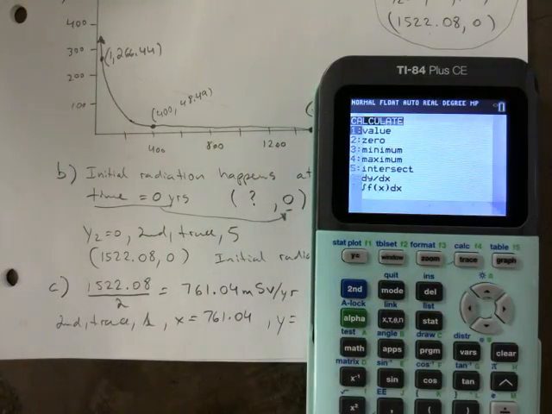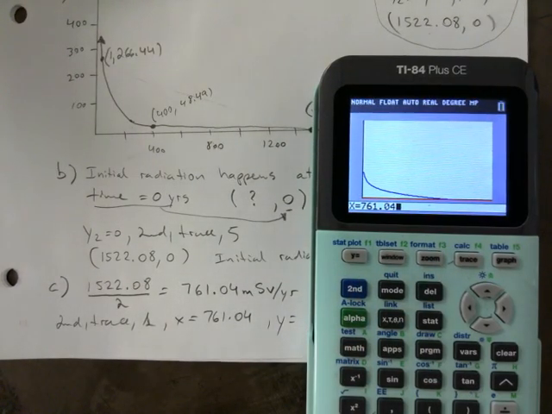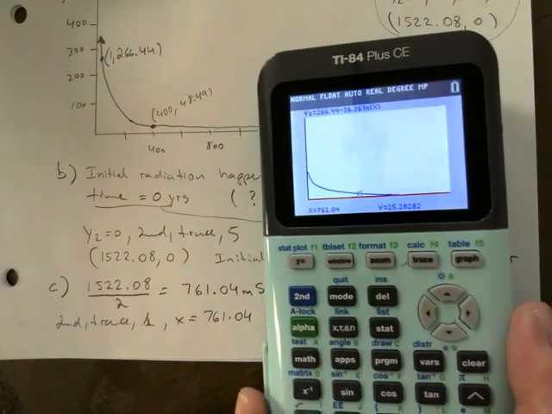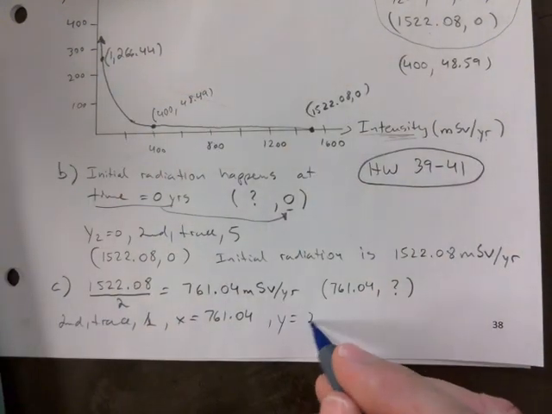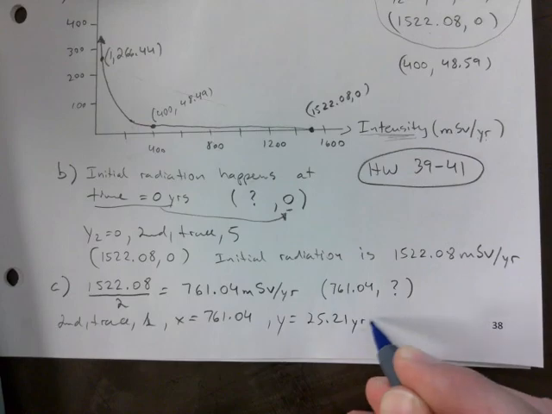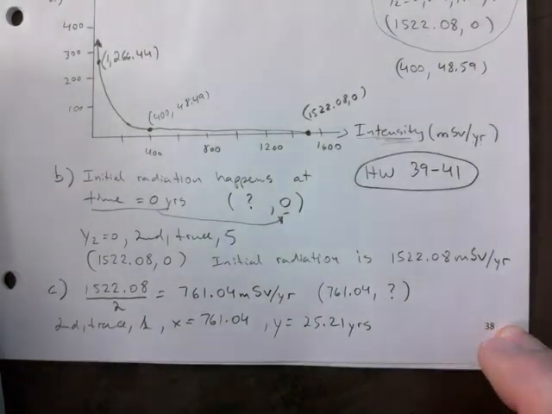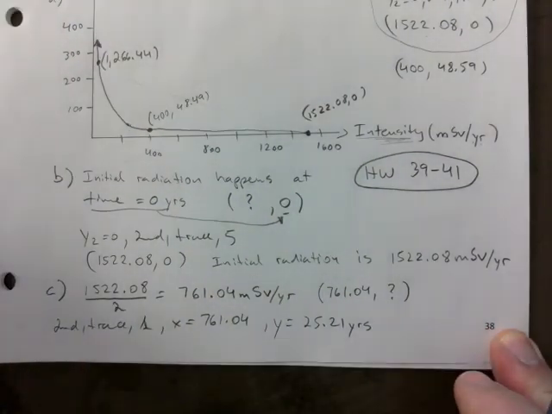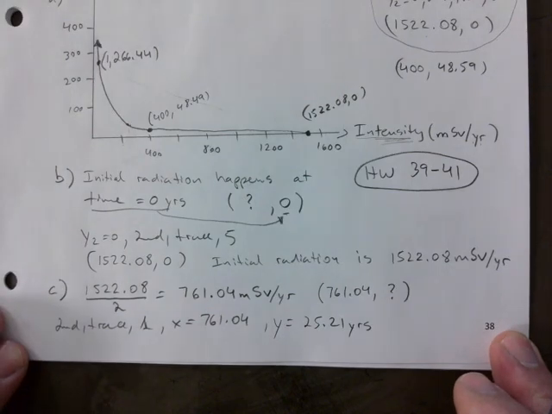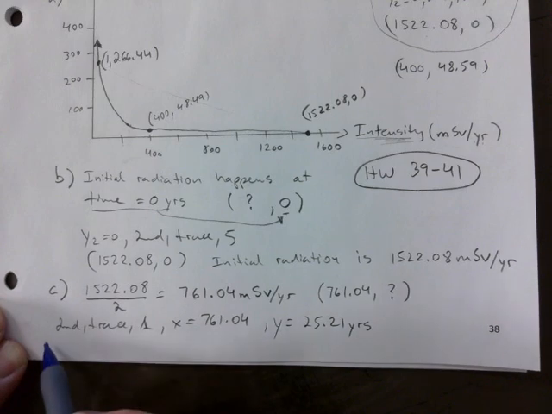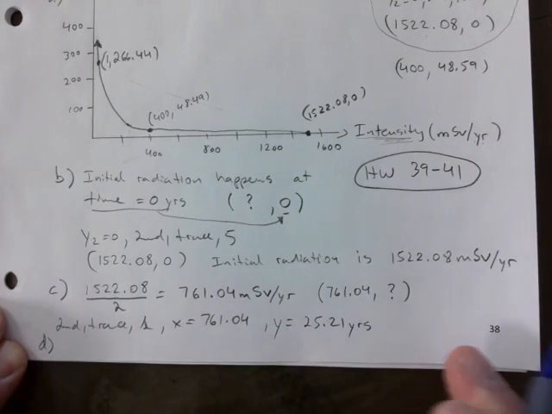So second trace 1, 761.04. That's 25.21. 25.21 years to get down to half of the initial radiation level. Oh, I'm running out of space here, but we're going to work with it.